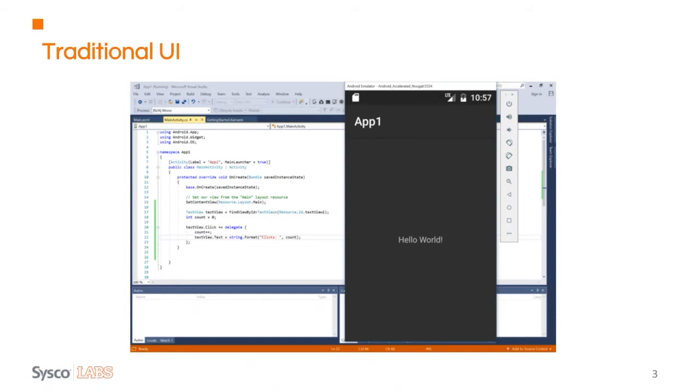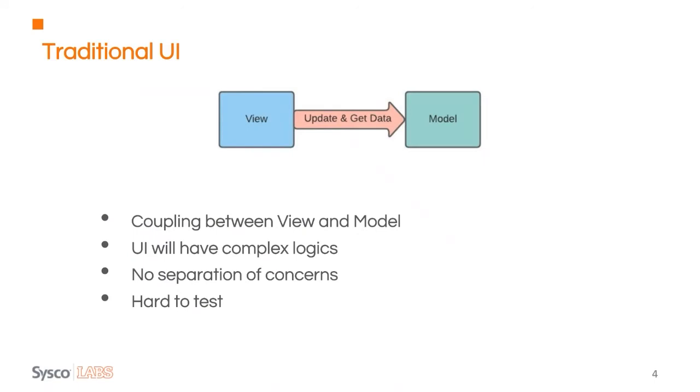But if you have more dynamic behavior in your application and you have many moving parts and complex business logic, this pattern might not be suitable for you. Because if we try to interact with the view directly with the model, there will be coupling between the view and the model, right?